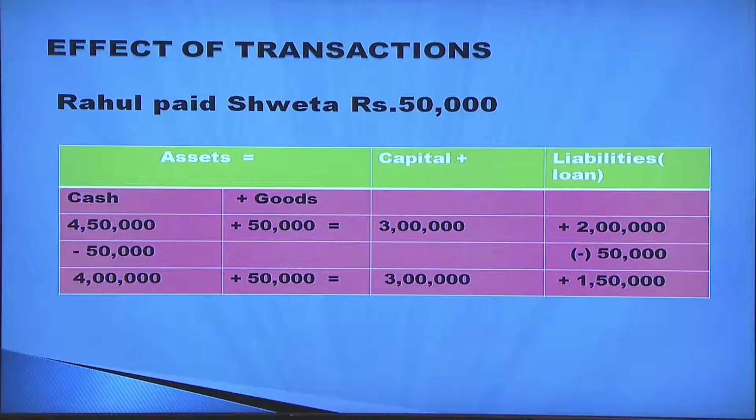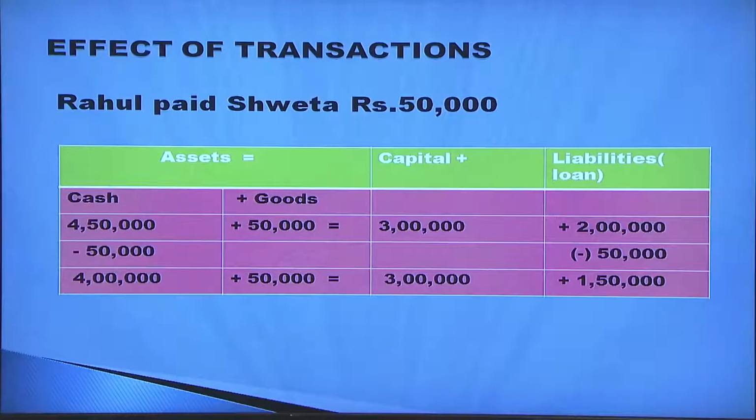So, I have written minus 50,000 in the cash column and minus 50,000 in the liability column. The new accounting equation is: under cash, 4 lakh 50,000 minus 50,000, 4 lakh. Cash 4 lakh plus goods 50,000 equals capital 3 lakh plus loan or liabilities 1 lakh 50,000.